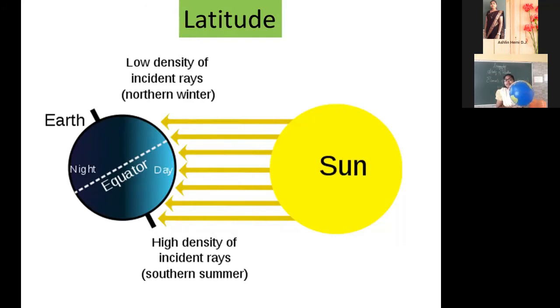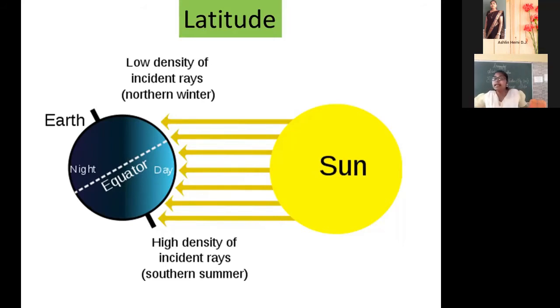Now in your running notes, write the first point: temperature decreases with increasing latitude.